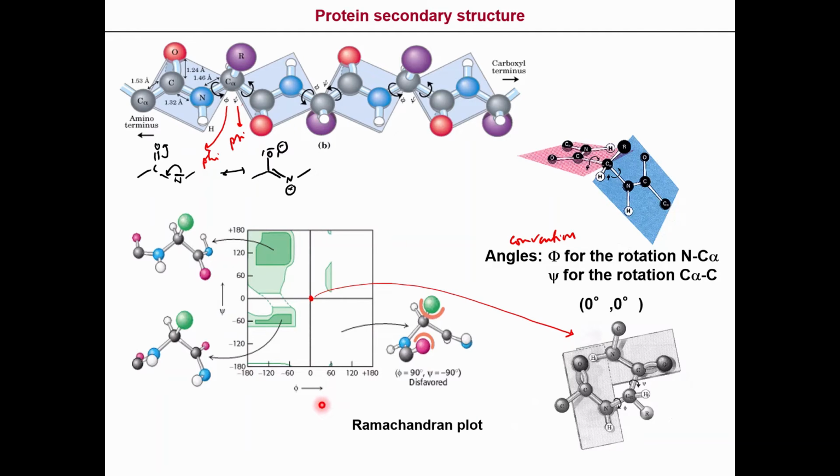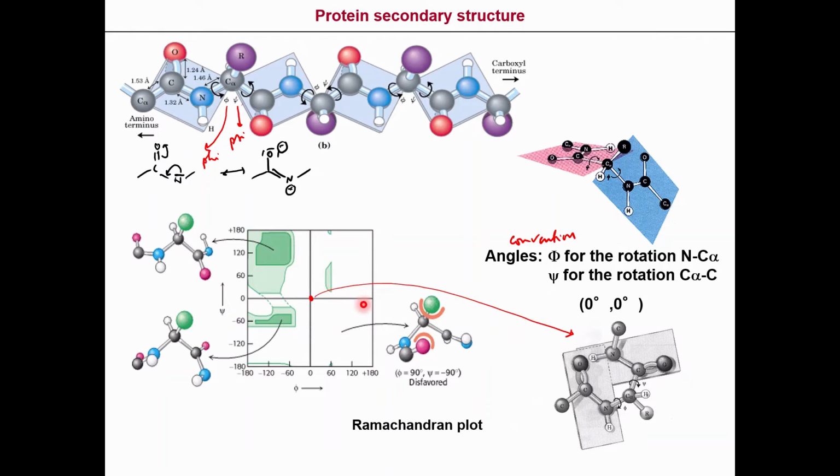Okay? And the white region is not allowed. It's a conformation not observed, not allowed because of the steric constraint, like this constraint. In the green region, dark green and also light green, these are the conformations which are observed in proteins.